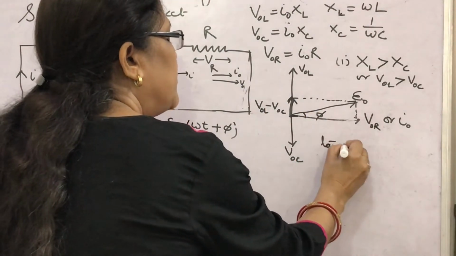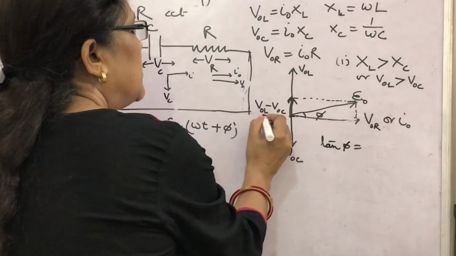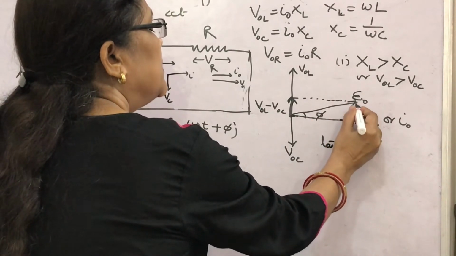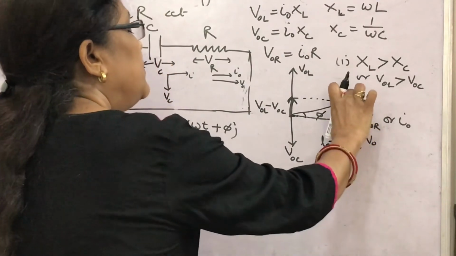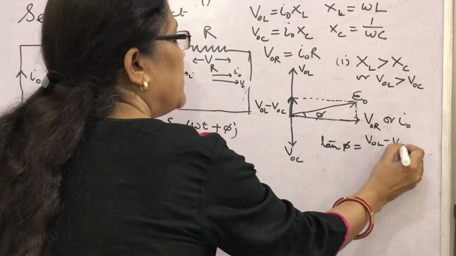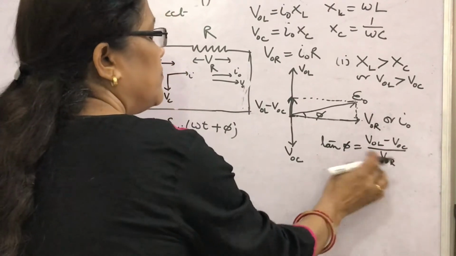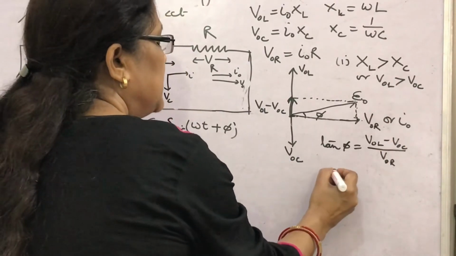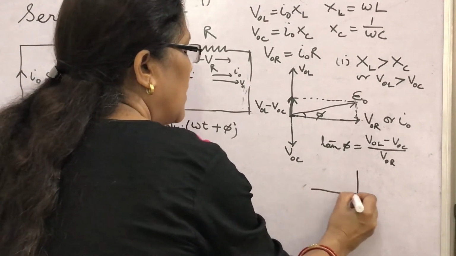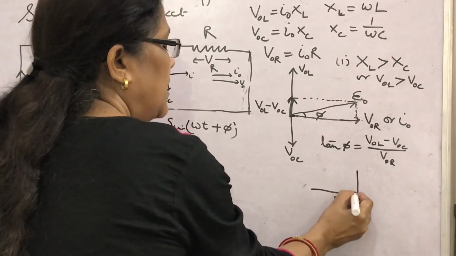That tan phi, which is the phase angle, is V naught L minus V naught C upon V naught R. In this way you can find tan phi, or by simply drawing the impedance triangle. How can you draw the impedance triangle? Instead of V naught R, take only R.